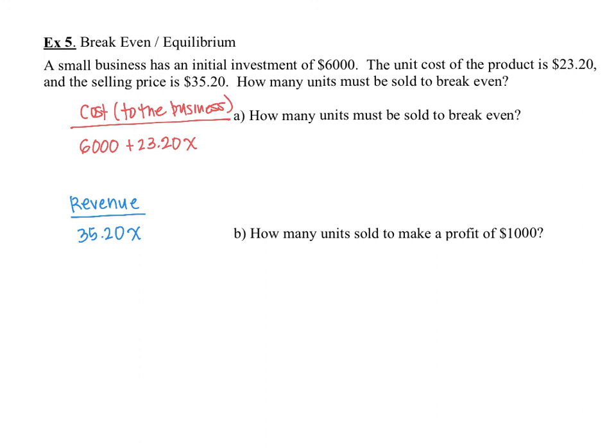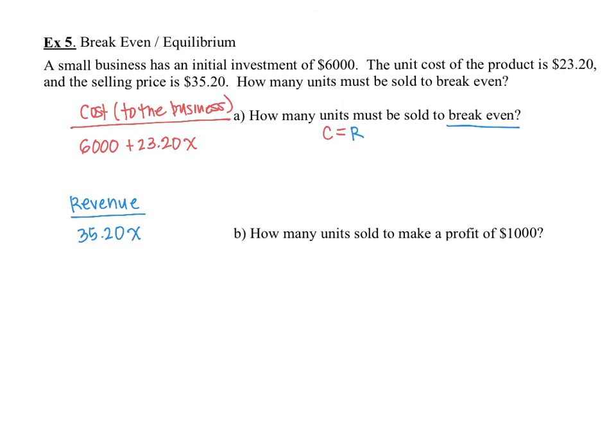Okay, now what types of questions did they ask? The first one is normally about a break-even situation. Break-even is basically saying, when is your cost equivalent to your revenue? When is the money going out and in equal to each other?